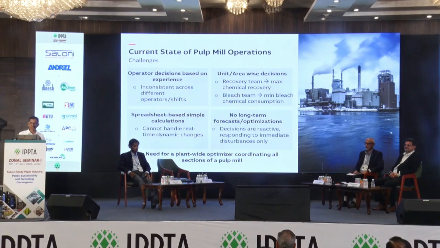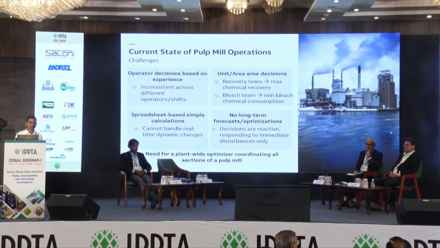Sometimes these decisions can be complementing, but sometimes they will be conflicting as well. Also, some mills use spreadsheet-based calculations using mass balances. These are a little better, but still cannot respond dynamically to real-time changes, and also lack prediction capabilities, ultimately leading to suboptimal solutions.